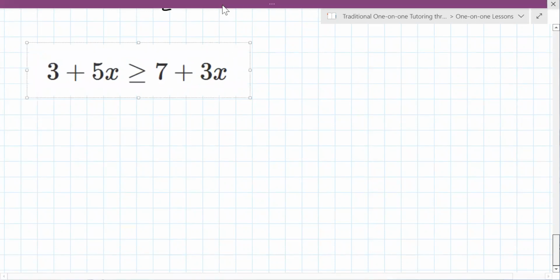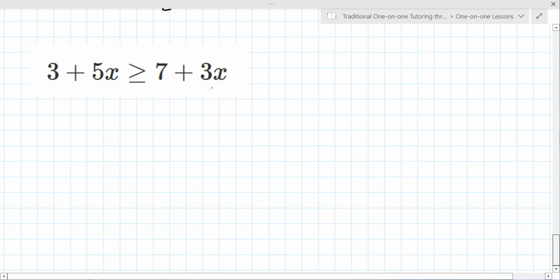Okay, so this problem has a 3 plus 5x greater than or equal to 7 plus 3x. And my question to you is, do you recall whether you should move the 3x to the left or the 5x to the right? Do you remember that at all? I think so. So what I always tell students is you move the smaller to the larger.